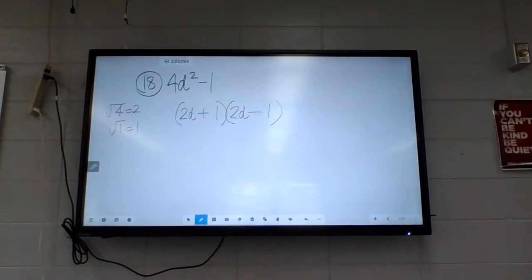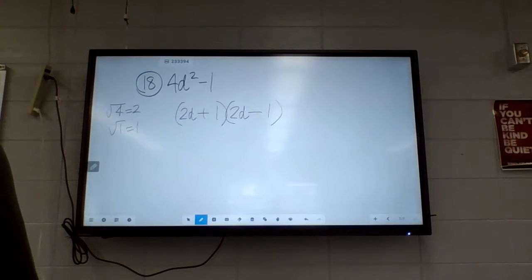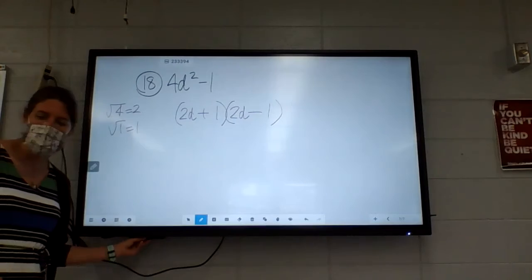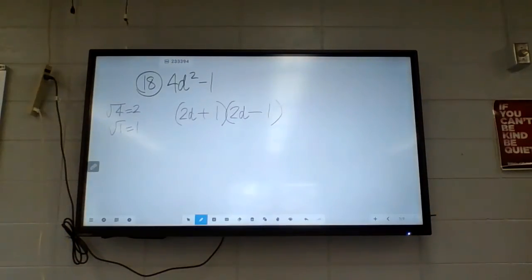So 18, 19, and then on the back side, technically, number 24 was also difference of squares. I got 19 right. But the other 2 I blanked out in my autopilot. So why don't you guys try 19? But you have to use a GCF first. So if you want to check that 24 as well.